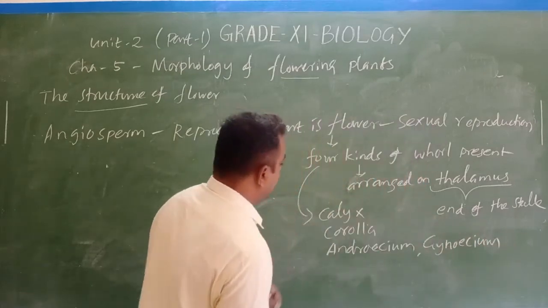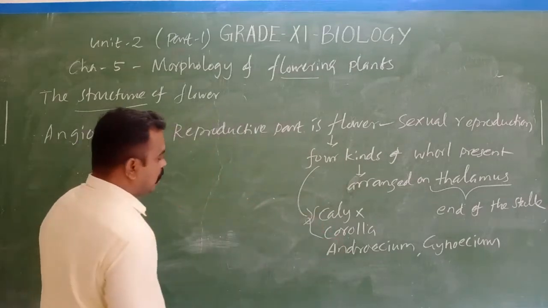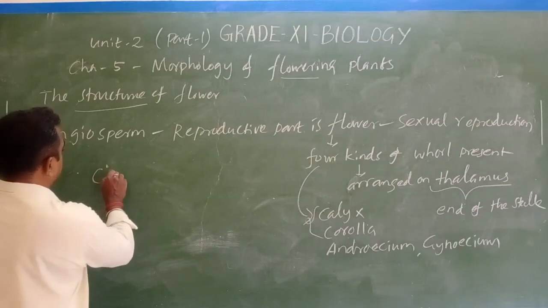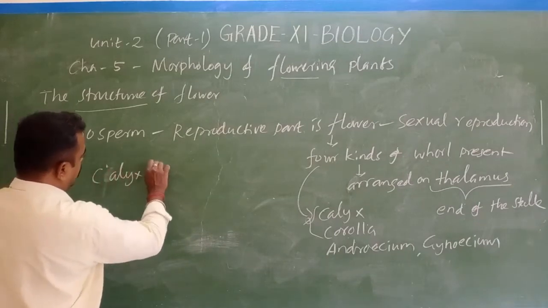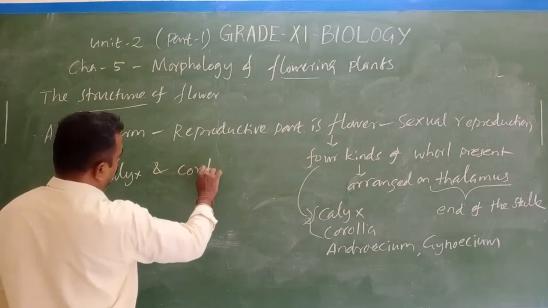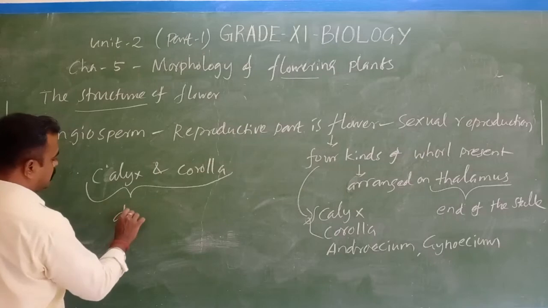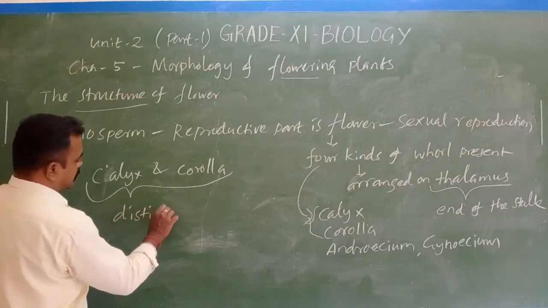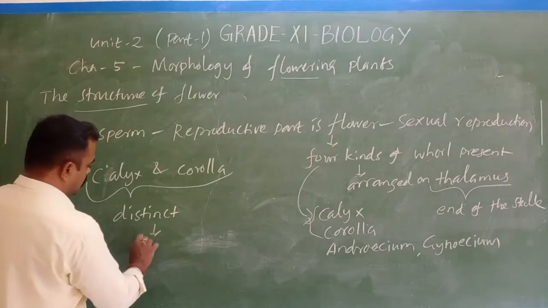In some plants, the calyx and the corolla are not distinct. The calyx and corolla are not well distinct. That means it is not clear. So it is called a perianth.